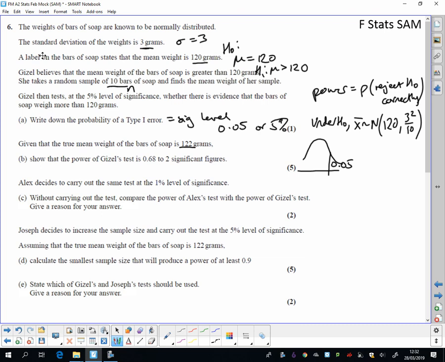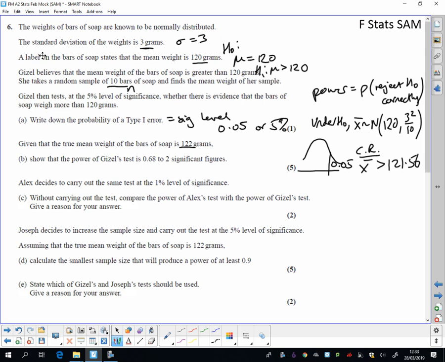If you do an inverse normal distribution in your calculator with the mean 120 and the standard deviation of 3 over root 10, you can find out that the critical region is that the mean weight has to be greater than 121.56. If you don't have a calculator capable of doing that, you can do it using the standardizing you've learnt from maths.